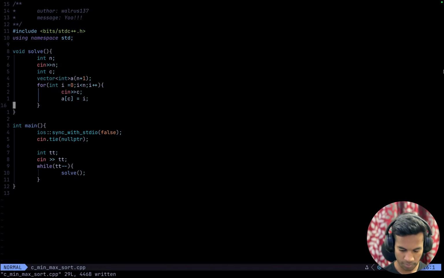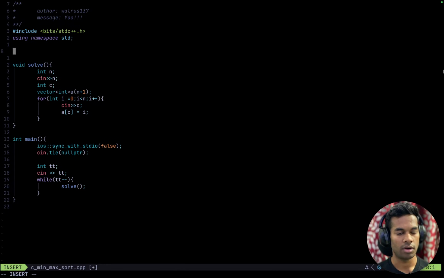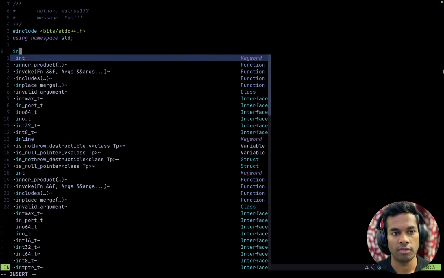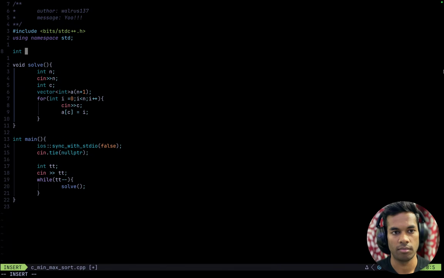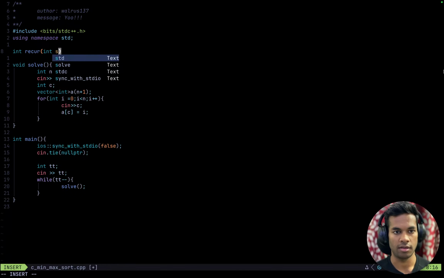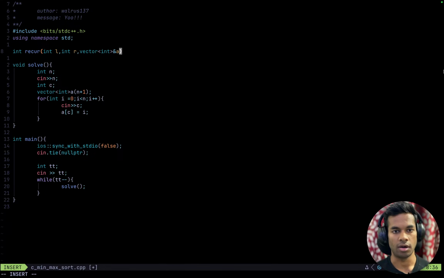And we will have a function which returns an integer, recur would be the name, int l and int r, and it will also take in our vector array a.